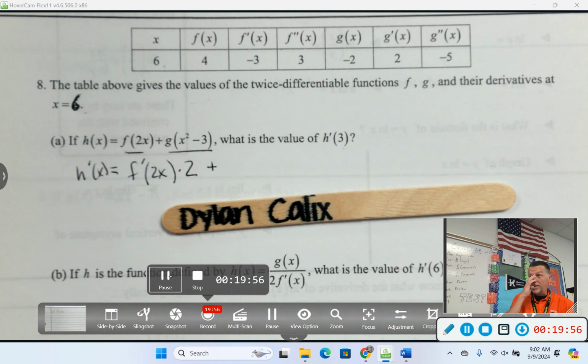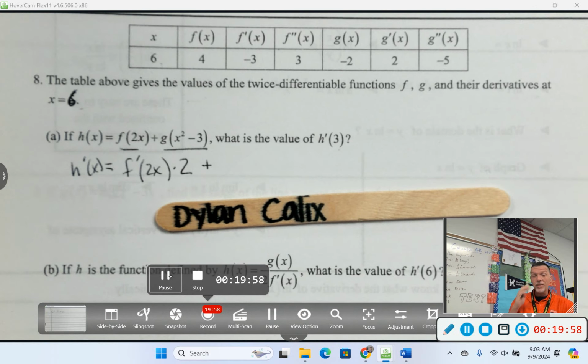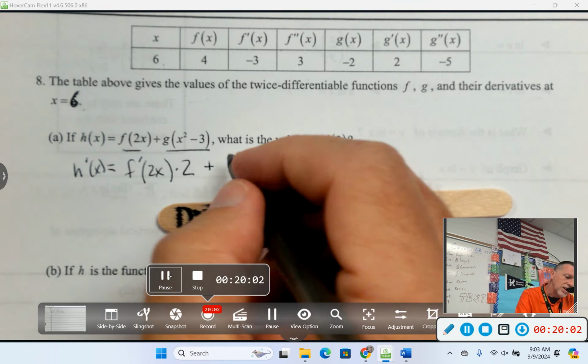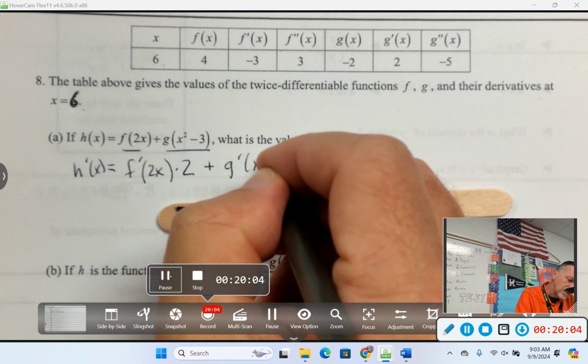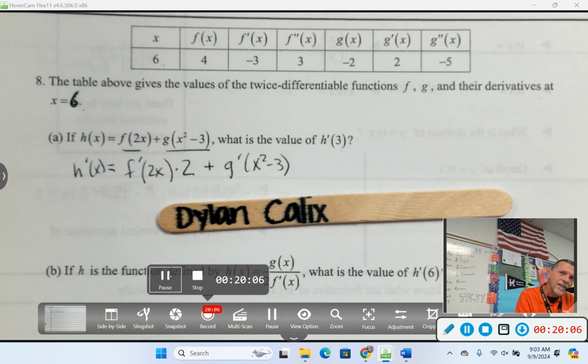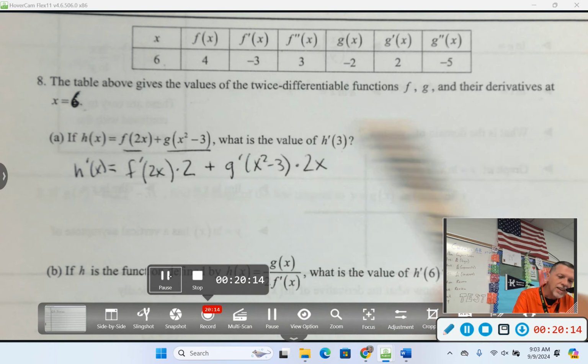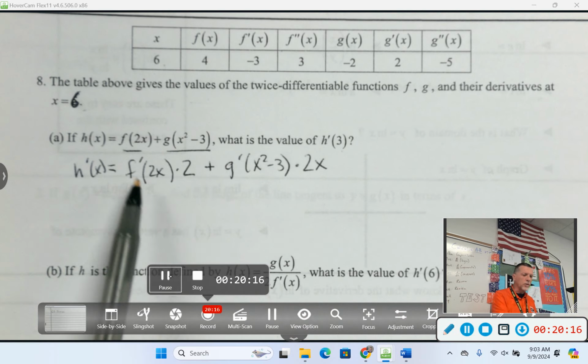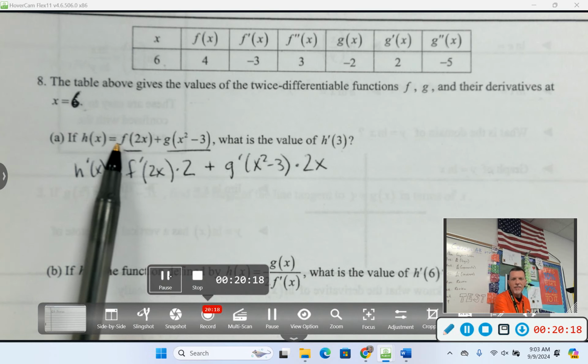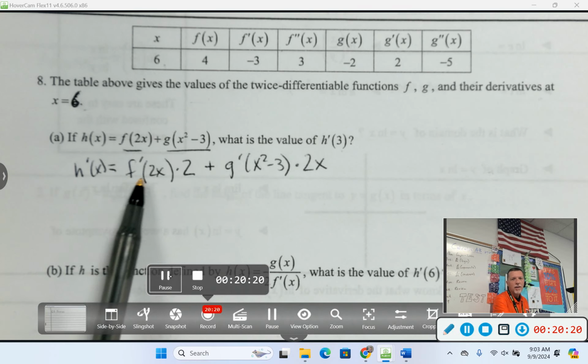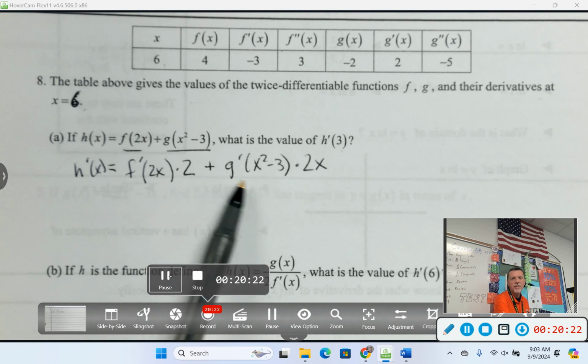Okay, Autumn laid the roadmap there, so follow the same pattern for the derivative of g. Good. So that felt like a weird one because you don't know what f is, so you just have to call it f prime. But you can take the derivative of 2x, and then same thing with g.